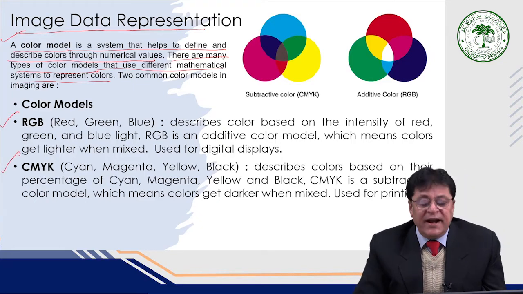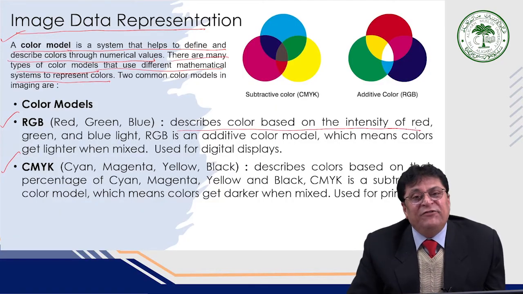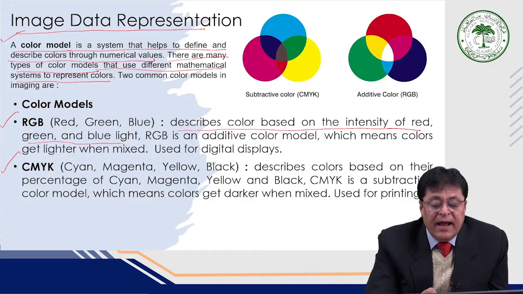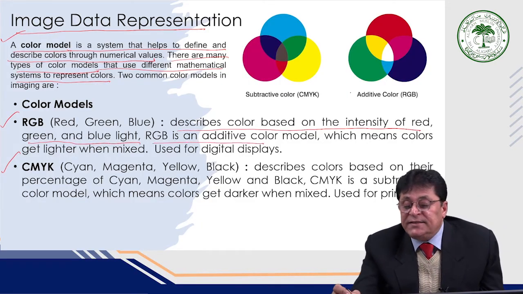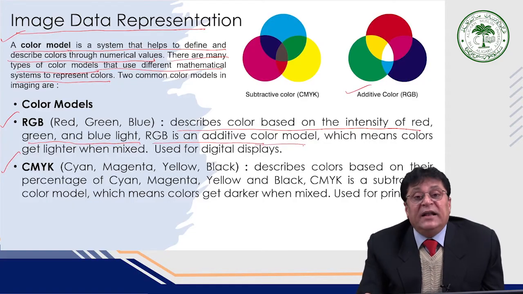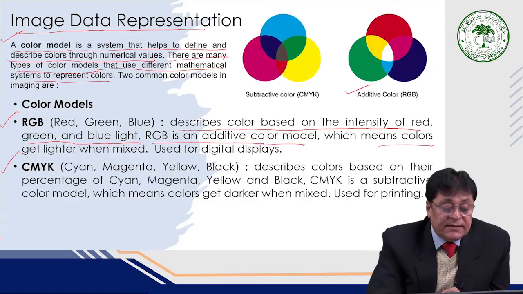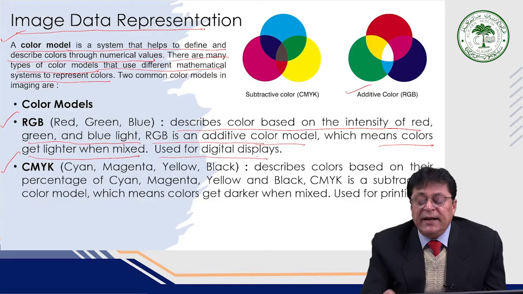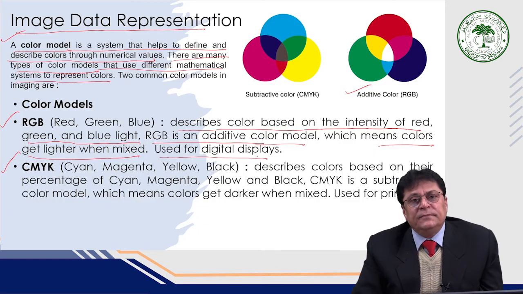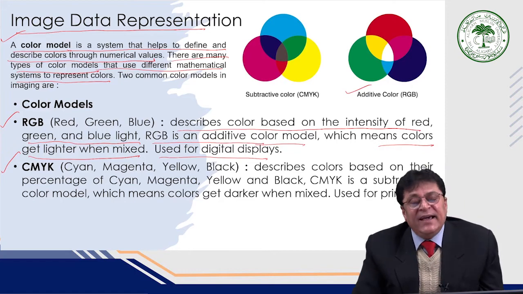RGB stands for red, green and blue, which describes colors based on intensity of red, green and blue light. RGB, as you can see, is an additive color model, which means what? The colors get lighter when mixed, and it is used in digital displays. Another color model is CMYK.